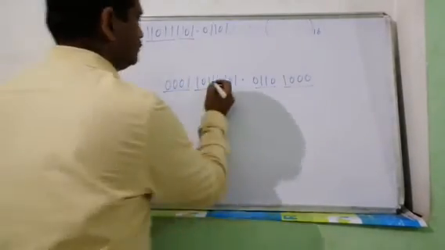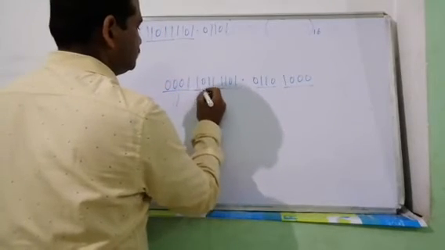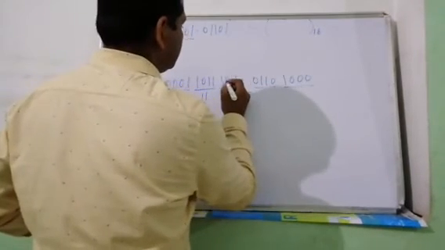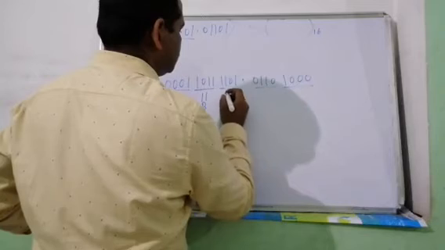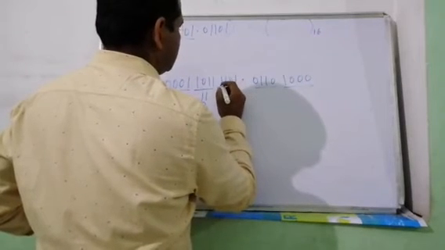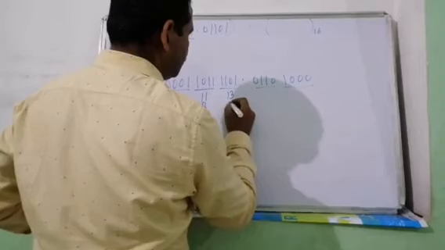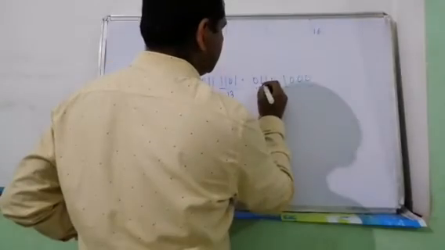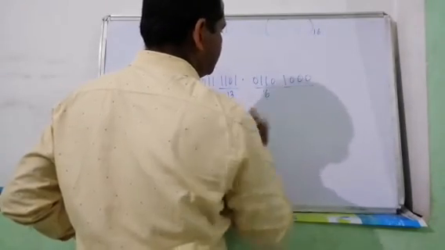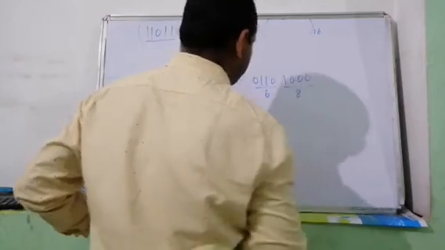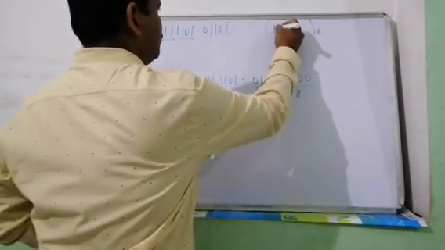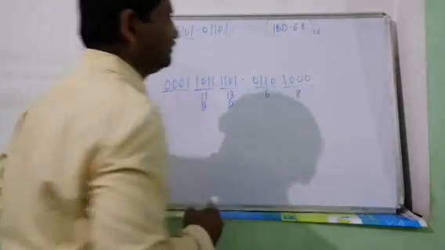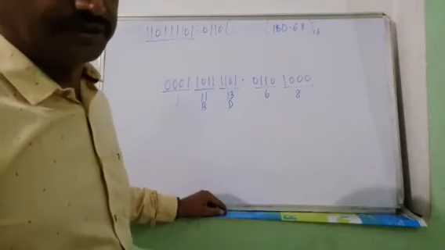This is 1. This is 11, and 11 is B. 13 means D, and this is E. So it will be 1BD point 68 in the hexadecimal number system.